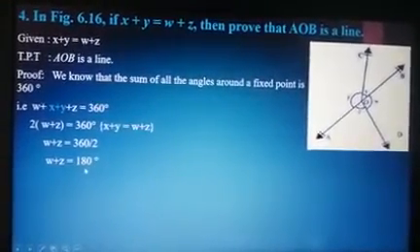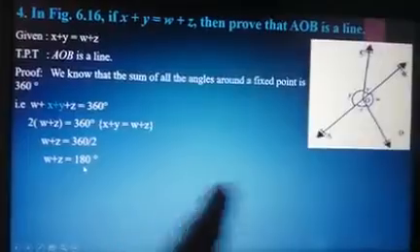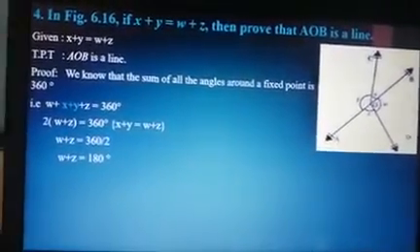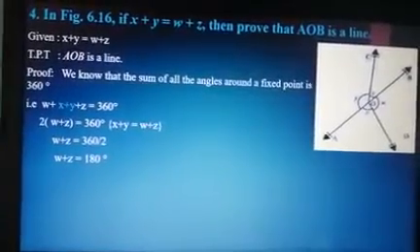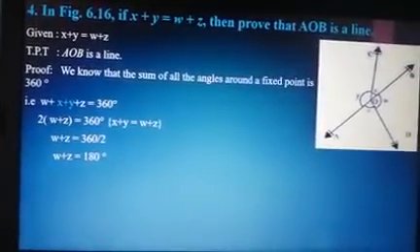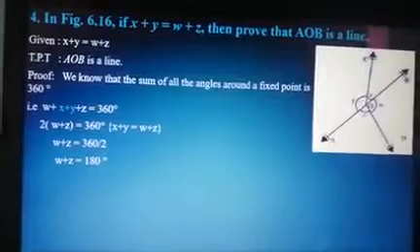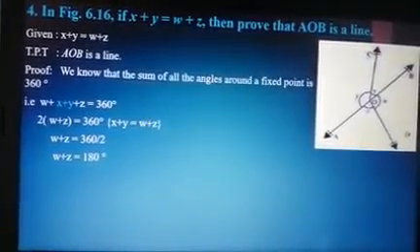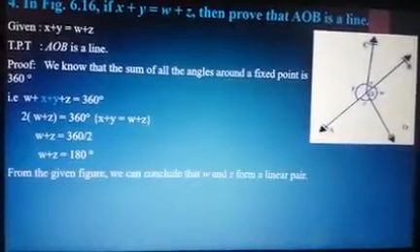So observe here, w plus z is 180. If the sum of adjacent angles is 180, it means they form a linear pair, right? If they are a linear pair, then AOB should be a straight line. So that's how I'm going to conclude it.